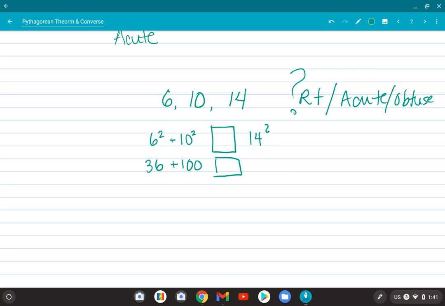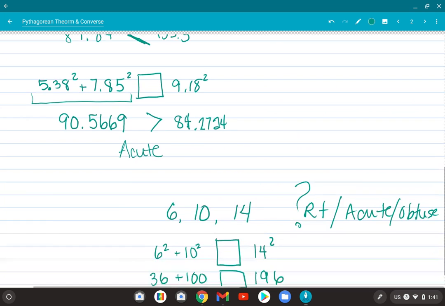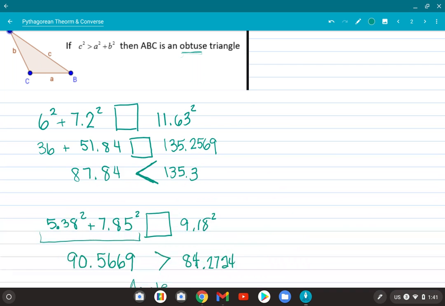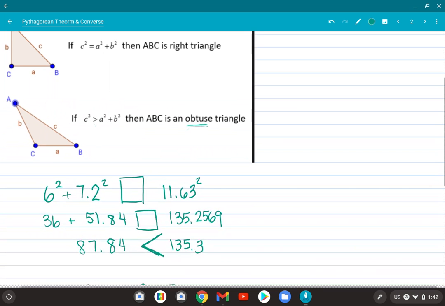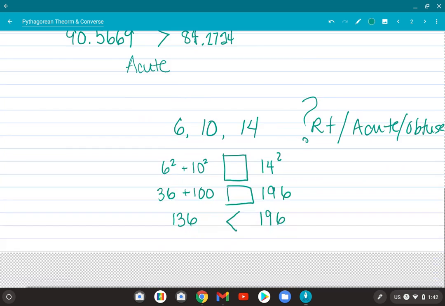Helps to have your calculator clear. 196. Add them up. 136. 196. The C squared is definitely bigger, and if we check our numbers, if the C squared is bigger, then it is obtuse.